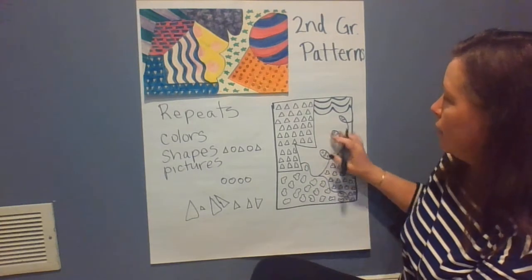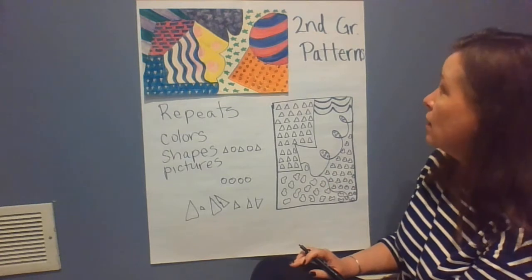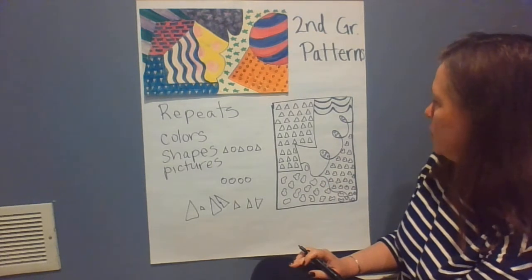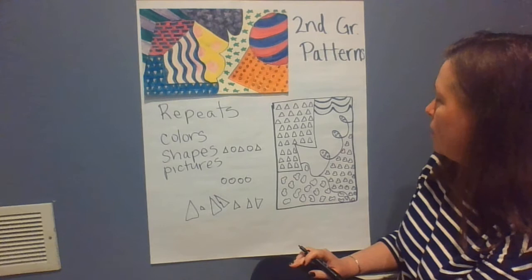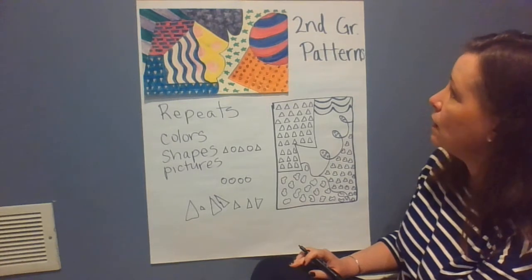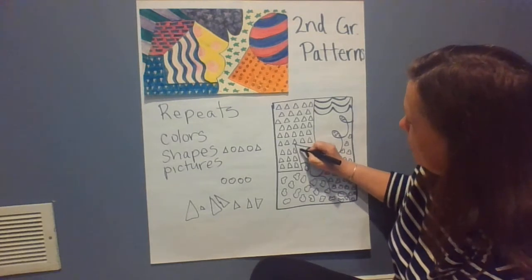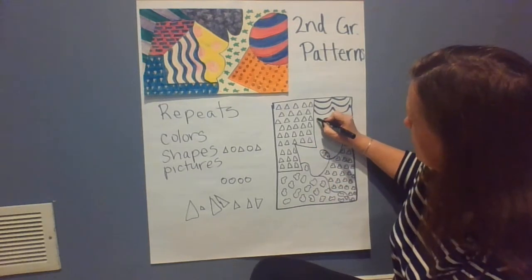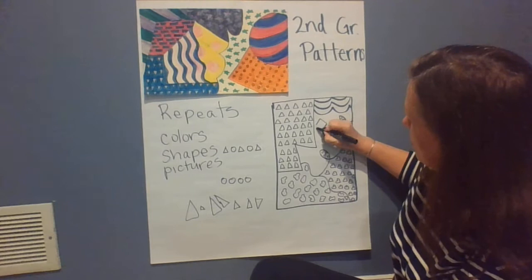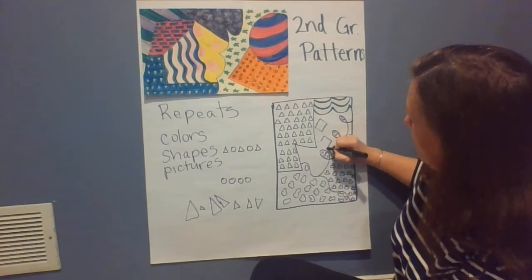This one area could be another pattern. And what could I do there? How about I make some squares? So I'm going to fill this area with some squares. I'm going to make them a little bit big.